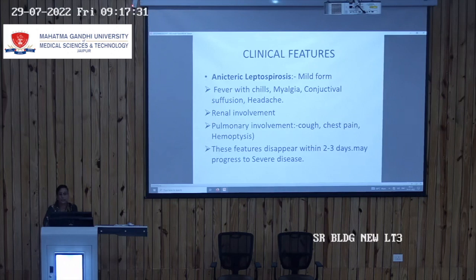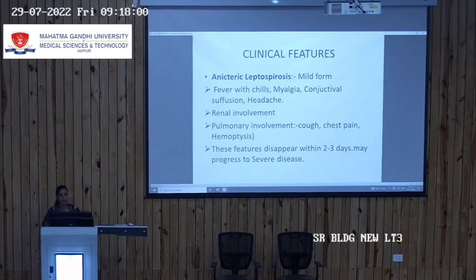Now the clinical features of this disease may be divided into 2 types: anicteric or icteric. Icteric is the word used for jaundice, an increase in the bilirubin content. Anicteric leptospirosis is the milder form of disease, and the signs and symptoms seen are fever with chills, myalgia, conjunctival suffusion, headache.